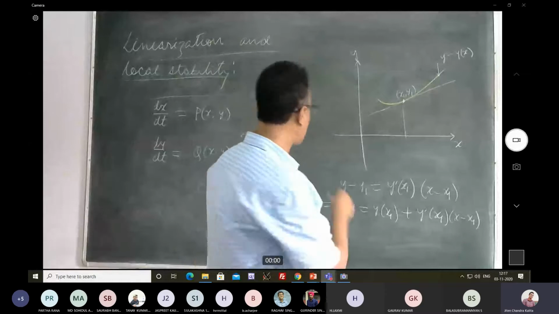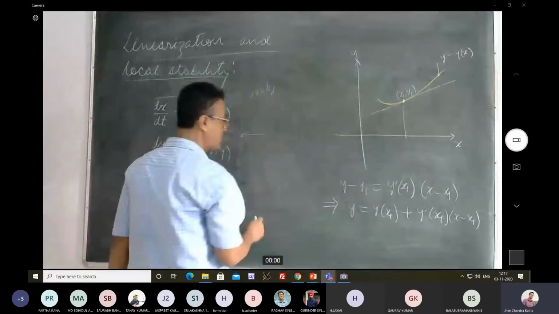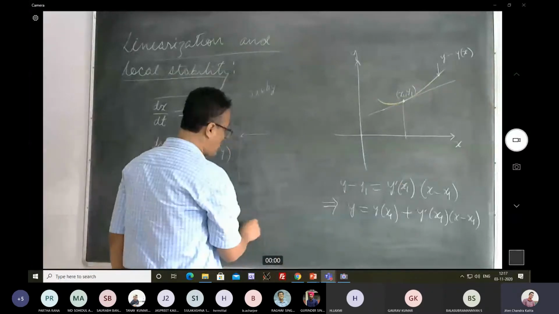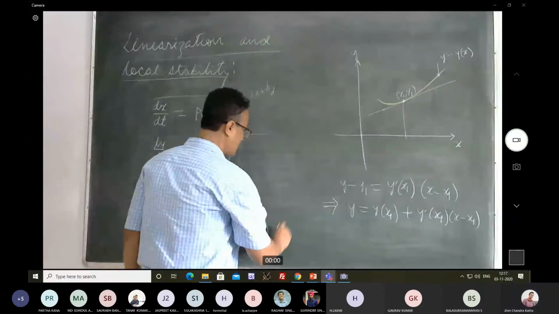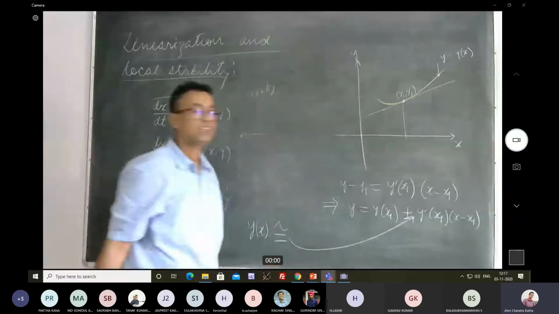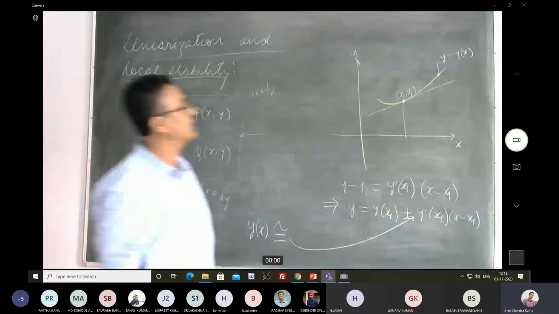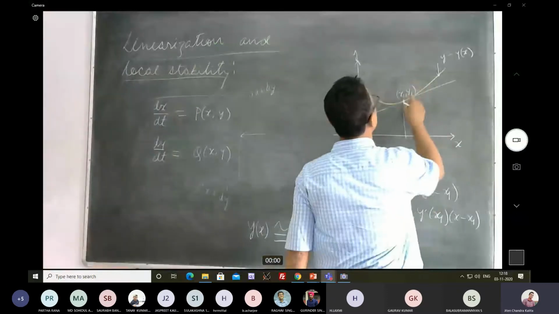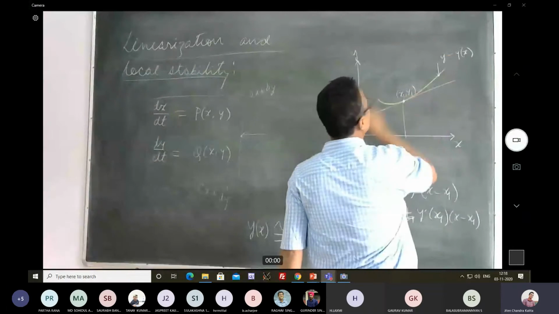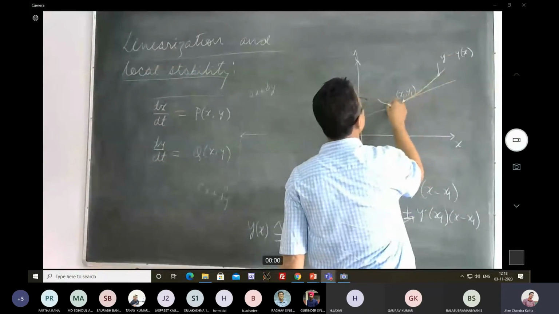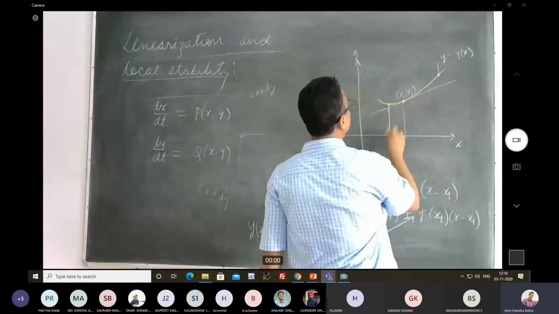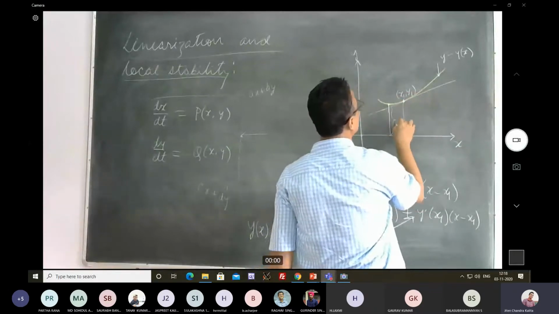I can approximate the function y by this expression. What I mean by that: suppose I want to find the value of the function y in the neighborhood of this point, somewhere here. Then the actual y is this.